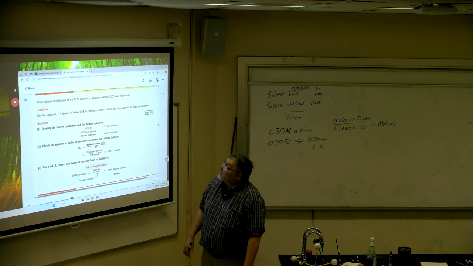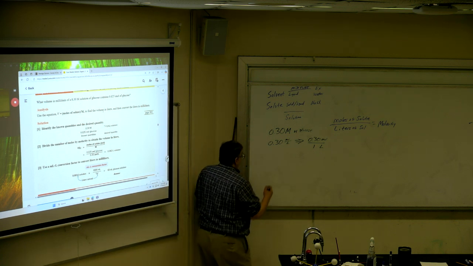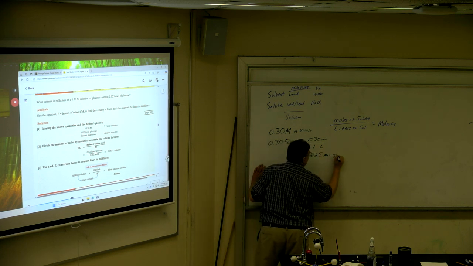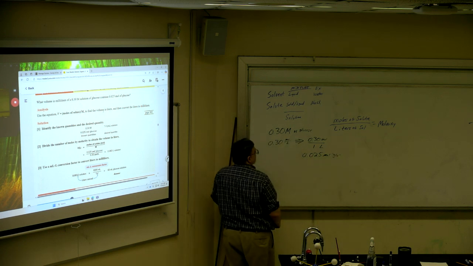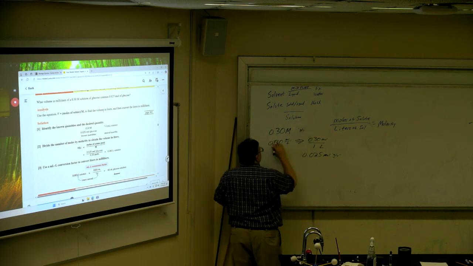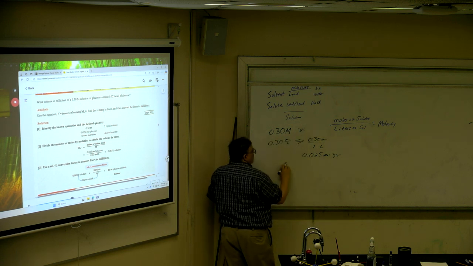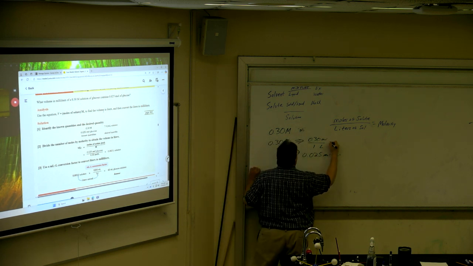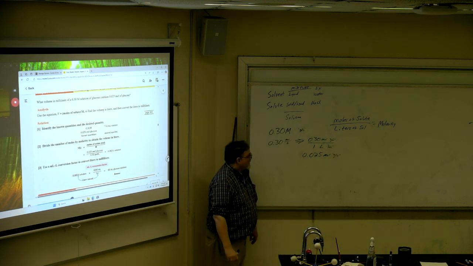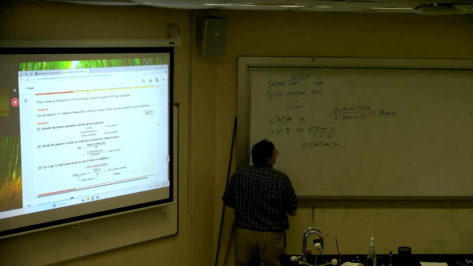So we're given that, and we're also told 0.025 moles. Let's say glu for glucose. So 0.30 M glucose solution. And so then you just do this.